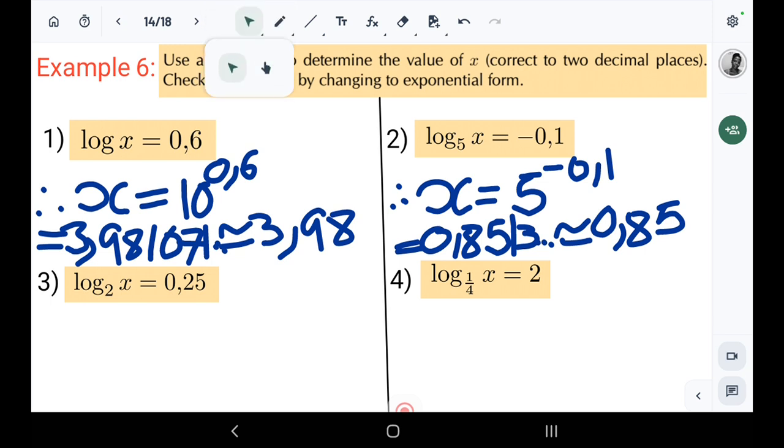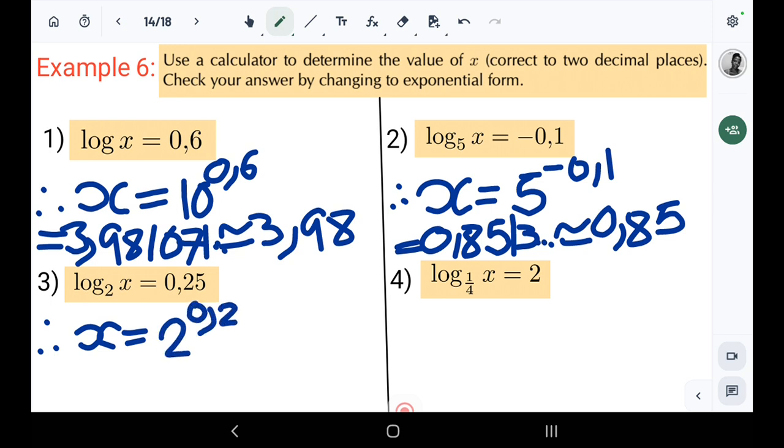Number 3. The log of x to the base 2 equals 0.25. Same story, convert to exponential form first. x equals 2 to the power of 0.25. We should be able to do this without problems by now, and that is equal to, same story, 2, x to the power of box, 0.25. That's how you punch it in the calculator.